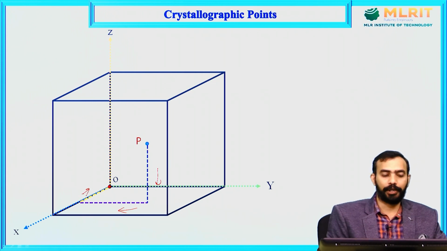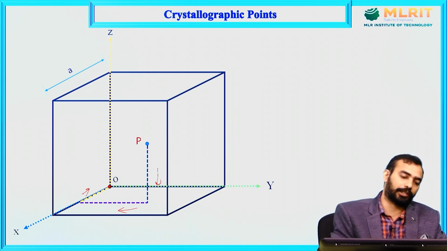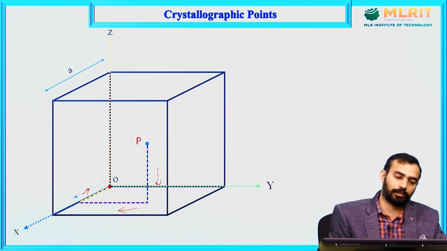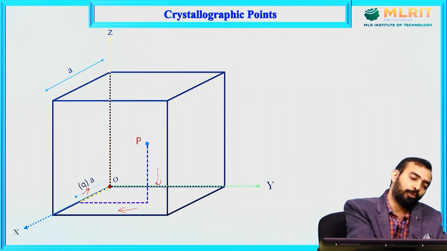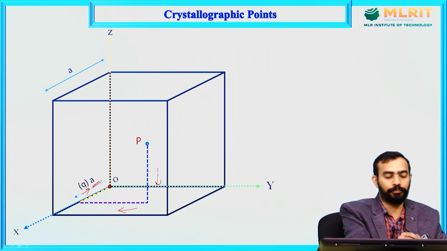So we have to find out these fractional multiples. First, what is this? This is the edge length A in the x direction. What is the distance? This could be a portion of A. What is that portion?